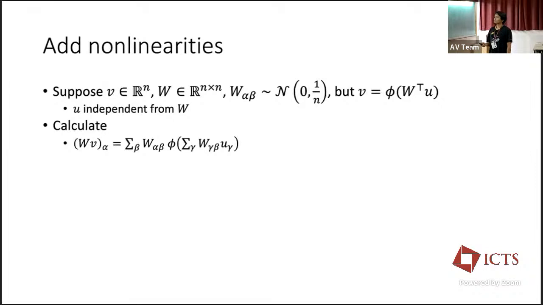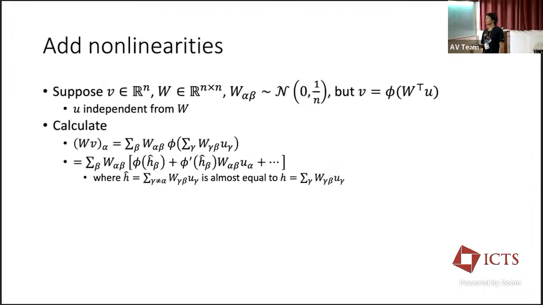But like before, the insight here is that you want to separate out when gamma correlates, or this part correlates with this part, which is when gamma equals alpha, and when gamma is not equal to alpha. So what you want to do is expand around the partial sum, where you replace the sum over gamma with the sum over gamma not equal to alpha. So expand around this h hat I defined here, which is almost equal to the whole thing. It just differs by this W alpha beta U alpha term.